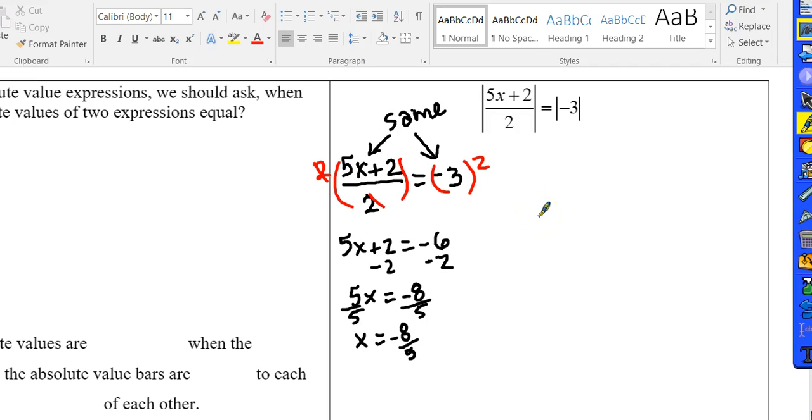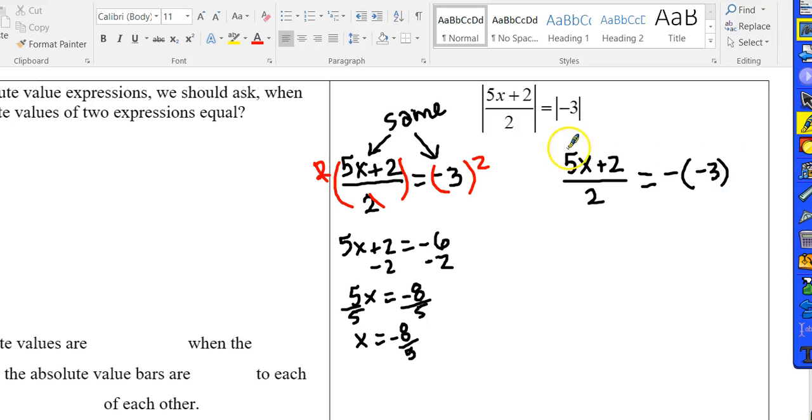So, the first time we solve it, we leave everything just as it is and drop the absolute values. We'll find the solution that will give us the same number inside both absolute values. The second time we solve it, we're going to keep the left side exactly as it is, but we're going to change the right side to be the opposite.